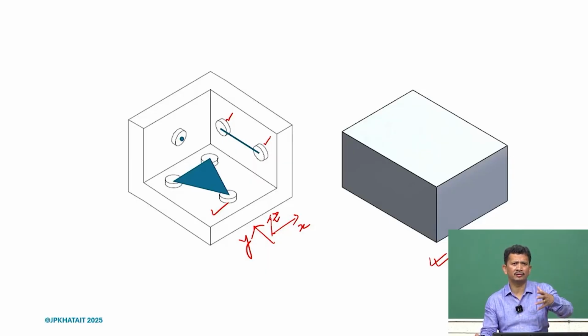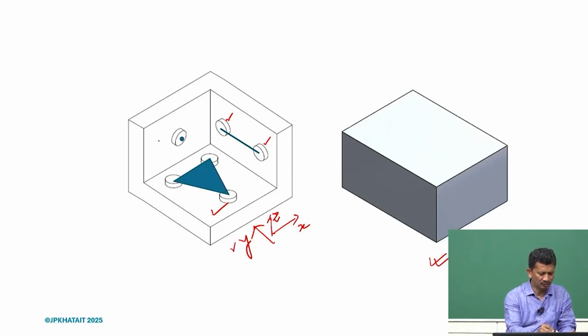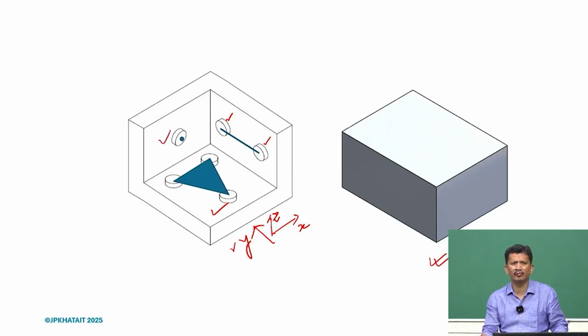And that's how, with the 2 points, it is also constraining the z rotation. So the only way it can move now is along the y-axis, which is this. So as we move along the y-axis, the contact against this wall will be made and it will be completely constrained.